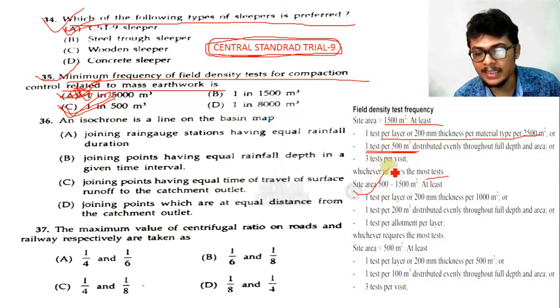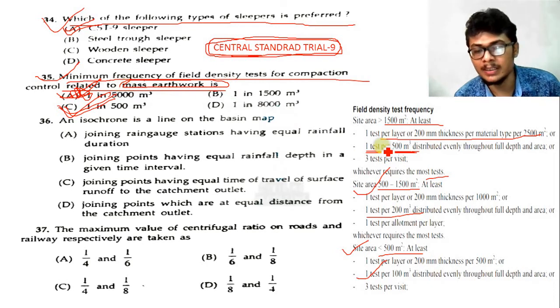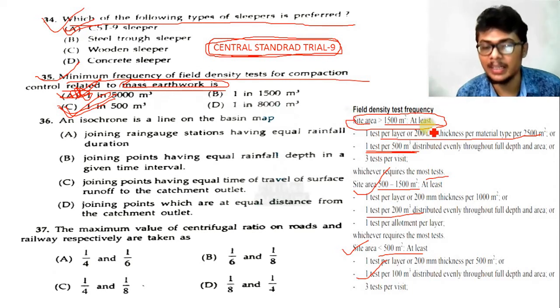For site area 500 to 1500 meter square, one test for 200 meter cube. For site area less than 500 meter square, one test for 100 meter cube. In this case the question is asked for mass earthwork, so I consider the site area greater than 1500 meter square. So as per my knowledge, the correct answer will be C, 1 in 500 meter cube.